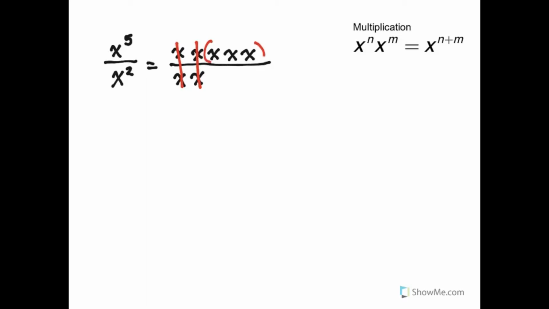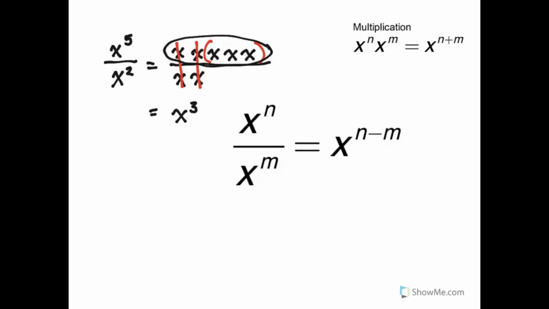And so there's 3 left on the top. The result is x third. The 3 came from the 5 copies minus the 2 copies that cancel. So a rule for division can be written x to the n divided by x to the m is x to the n minus m.